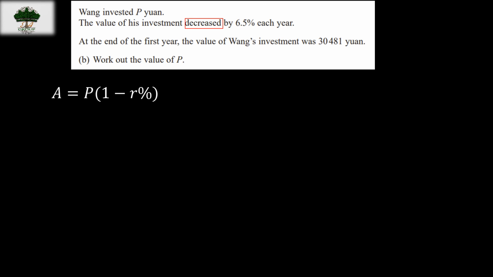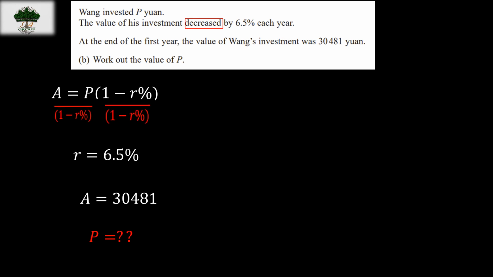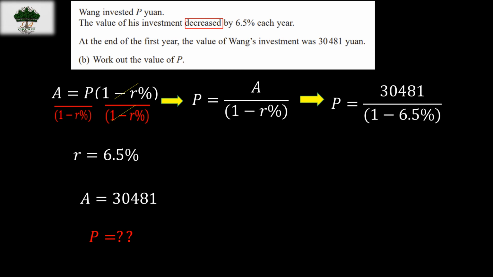So R here is 6.5%, A is 30,481, and P is unknown. Now we need to solve this formula for P by dividing both sides by 1 minus R percent. We cancel on this side, so P equals A over 1 minus R percent. Substitute all the values in the formula and use the calculator to evaluate.